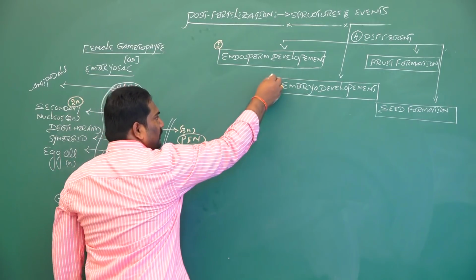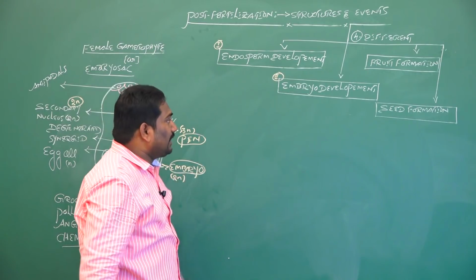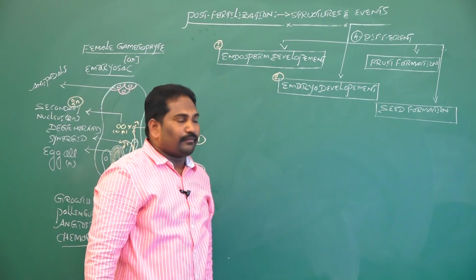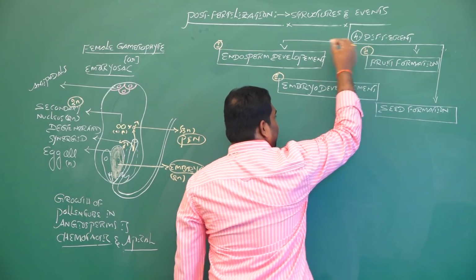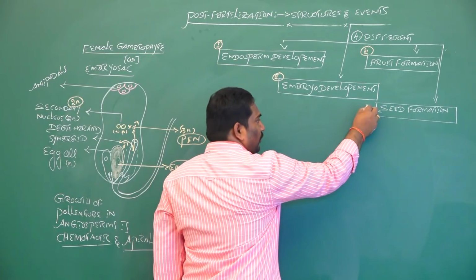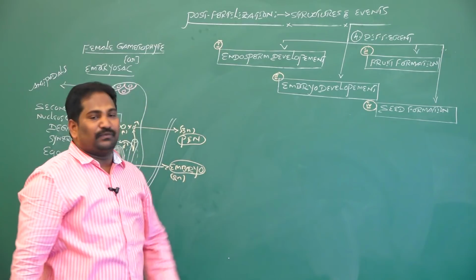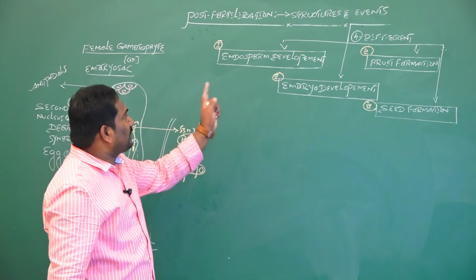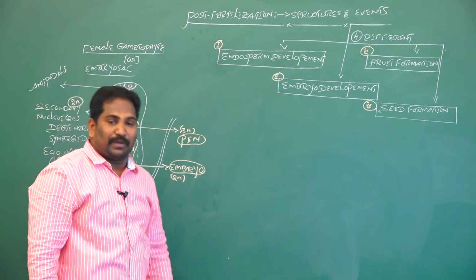The second is embryo development. The third post-fertilization event is fruit formation, and the fourth post-fertilization event is seed formation. These are the four different post-fertilization events that take place in angiosperms.